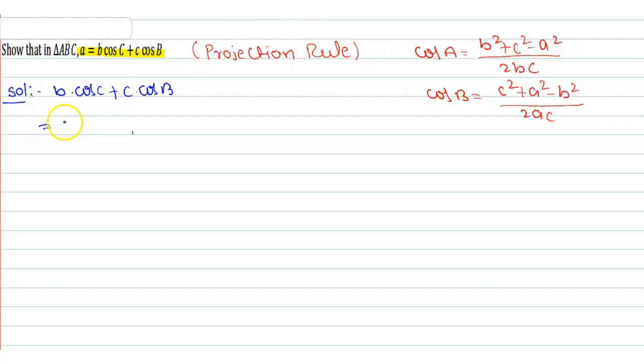This is equal to b into cos C. Here I need to write one more formula, which is cos C. Cos C is equal to a square plus b square minus c square by 2ab.